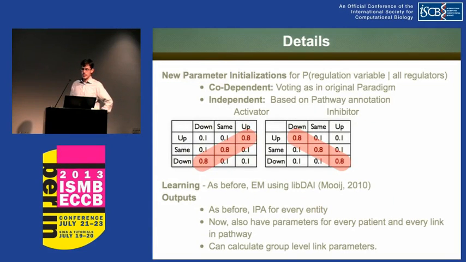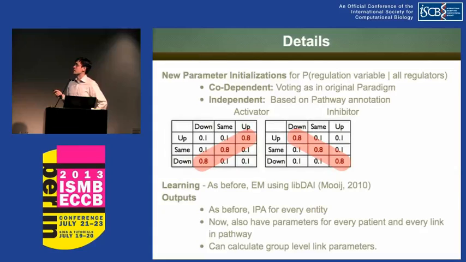So here are a couple details about the implementation. We had to do initializations of all our probability tables. In the codependent model, we use the same voting procedure as was used in the original paradigm. And in the independent model, we initialize the tables based on the annotation of that link in the pathway.